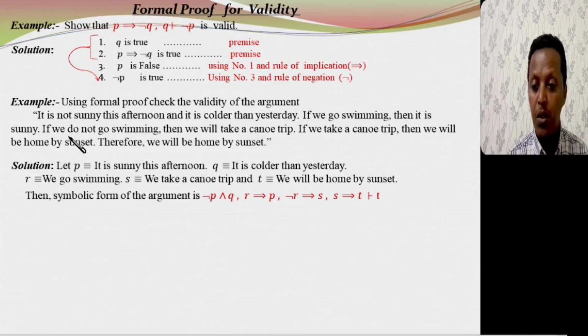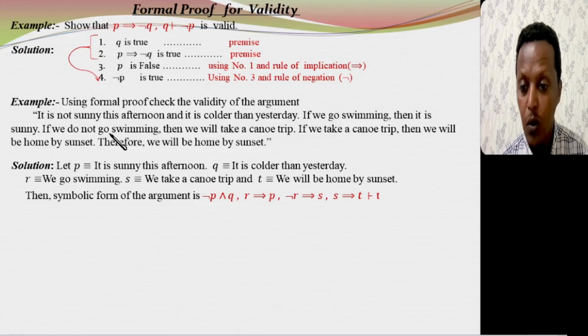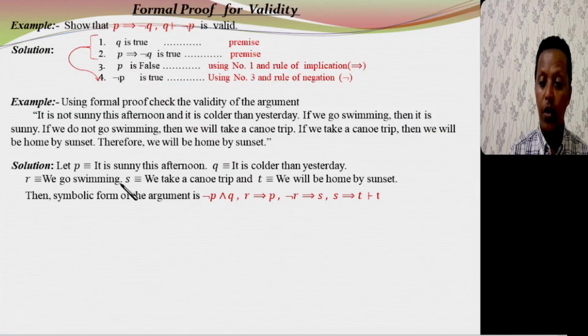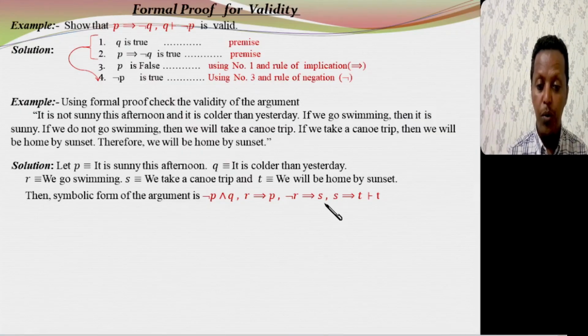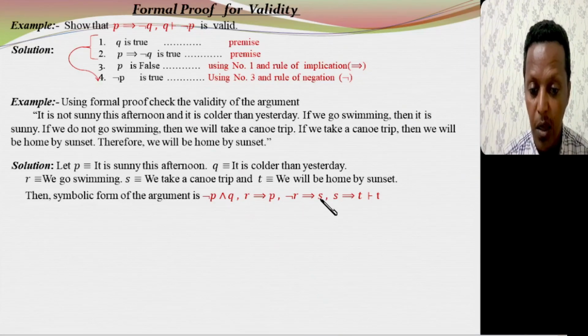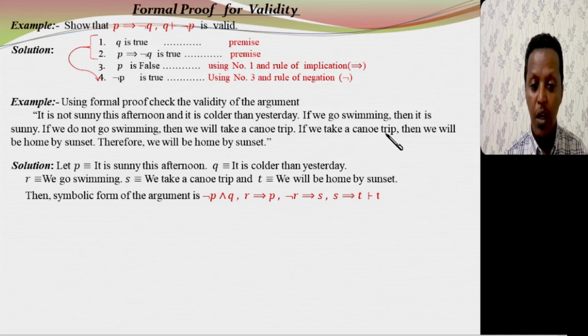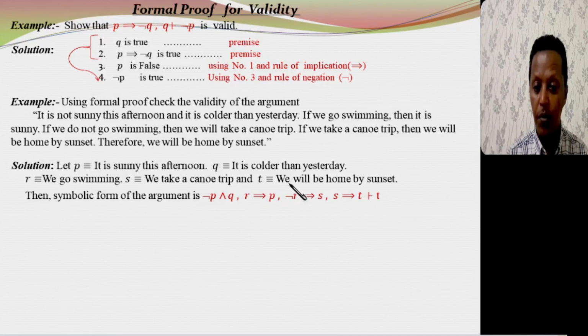The third premise, if we don't go swimming, that means if negation R, then we'll take a canoe trip. That is S. If negation R, then S, that is negation R implies S. The third premise. And the fourth premise, if we take a canoe trip, that means if S, then we'll be home by sunset.